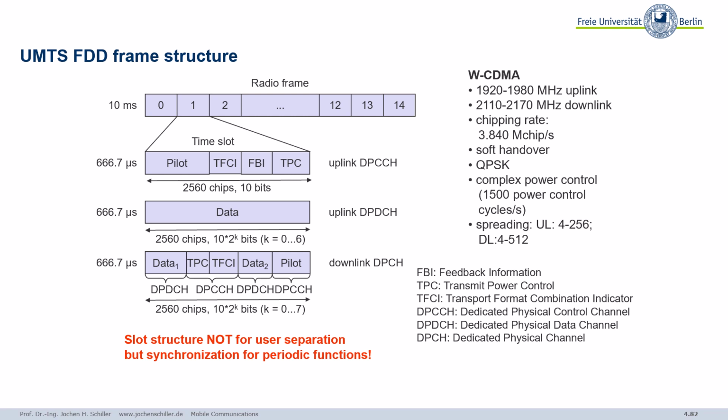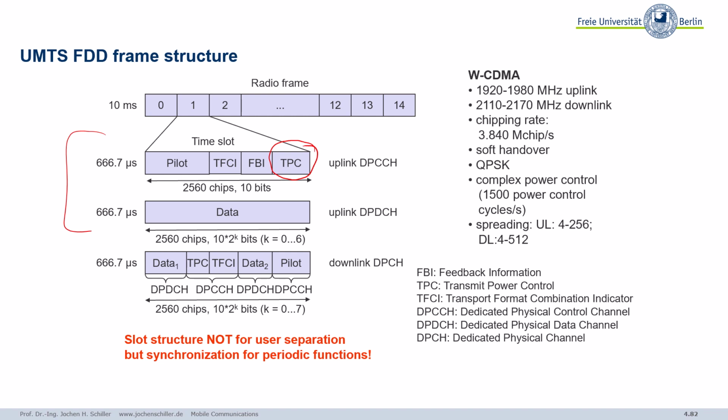And this slot structure is used for synchronization because we have to send certain information over and over again. For example, what is very important, and now we look at the downlink here, we transmit the TPC, transmit power control information. The problem: it's a CDMA system.